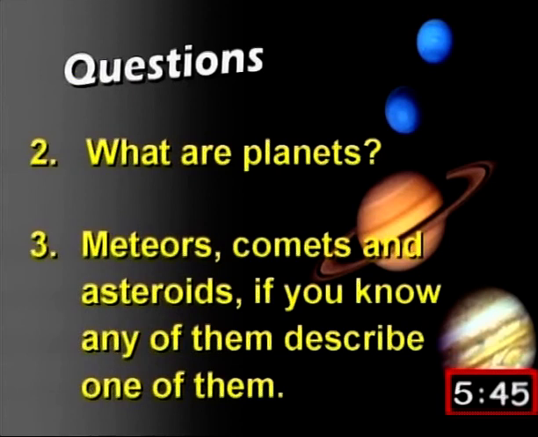Try and label your pictures. Okay. Choose any of them. You want comets, asteroids, or meteors. What number are you on now? Question number 3. Yeah. Then you go on to question number 2.